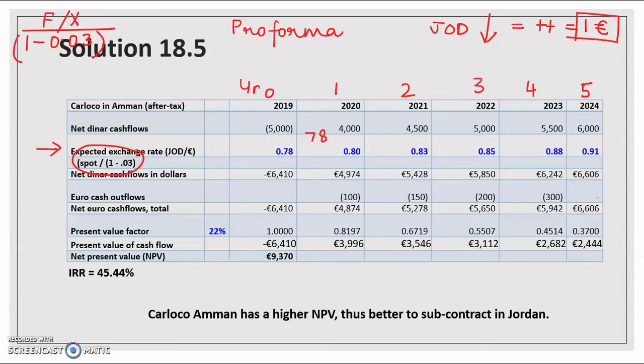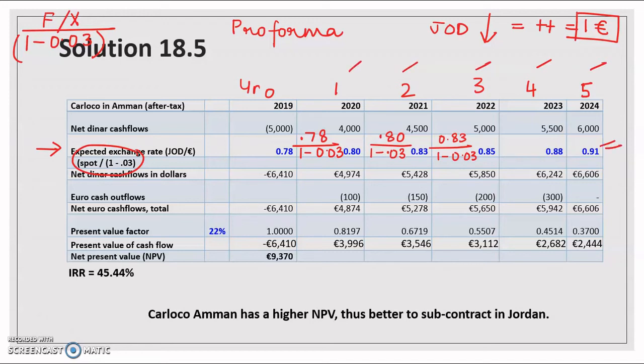So 0.78 divided by 1 minus 0.03. 0.80 divided by 1 minus 0.03. 0.83 divided by 1 minus 0.03. So the best way to keep your values accurate will be to keep taking your numerator and adding up your denominator for each column. So these are your columns year-wise to get these values.